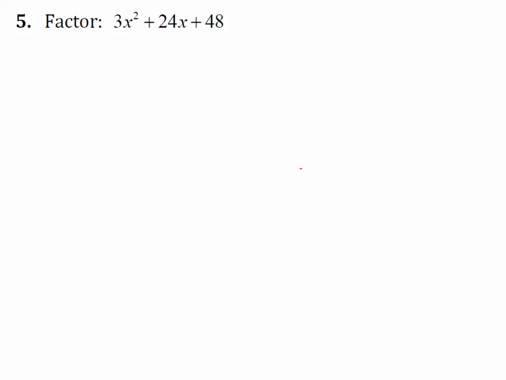All right, number 5 here. Let's go with it. The hint is greatest common factor. Can you take out the greatest common factor first? 3. Cool by me. All yours.